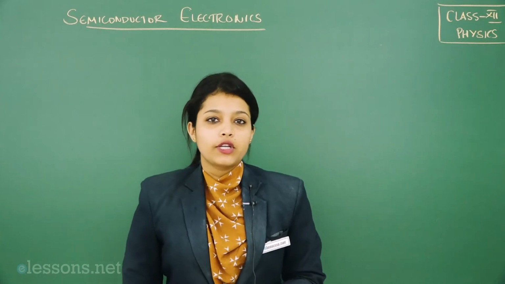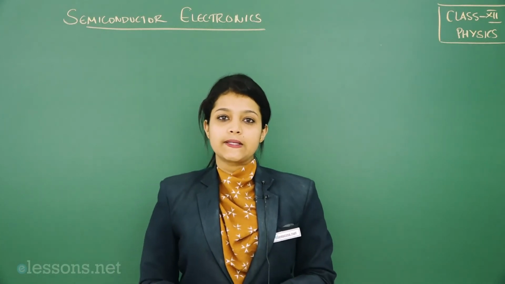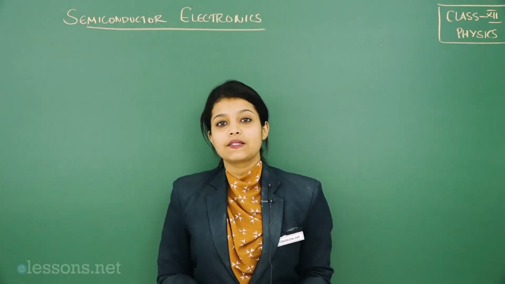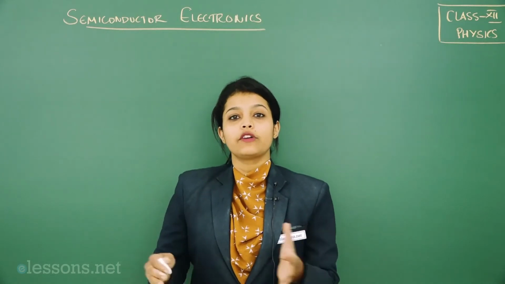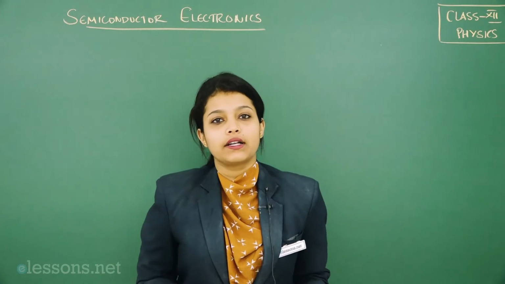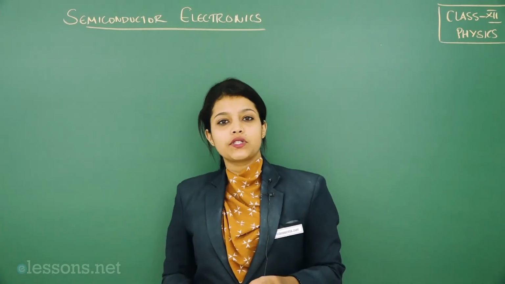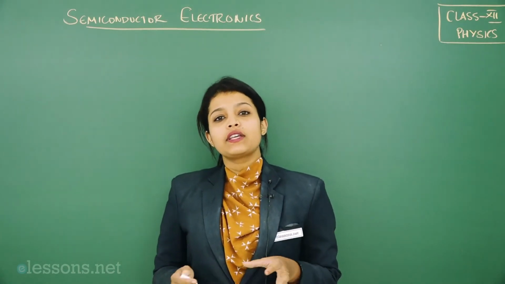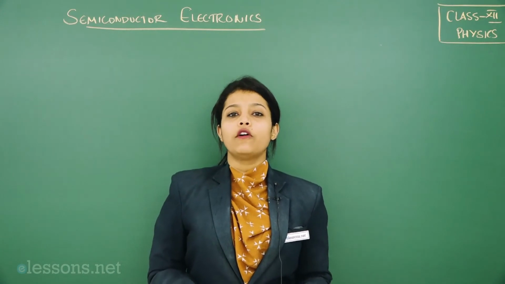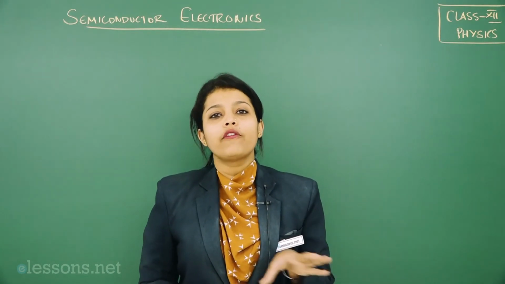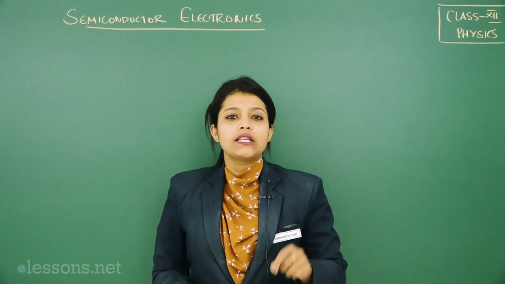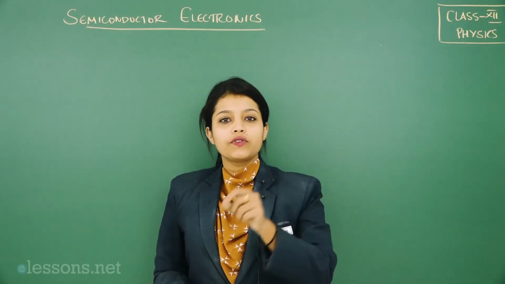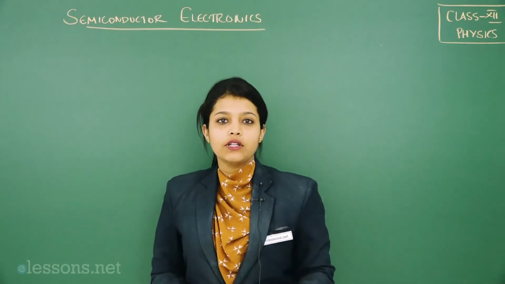By 1948, we had discovered transistors. Now, what are transistors? How did we come to the transistors? That is one of the end products of semiconductors. Before reaching transistors, there was a concept of controlling the flow of electrons. We know that in a circuit, when current flows, it means there is a flow of electrons in the circuit.